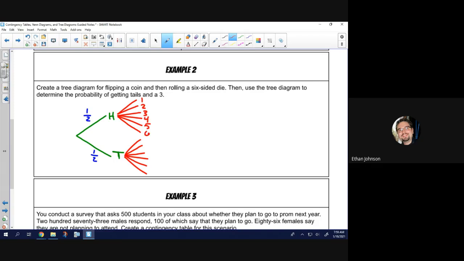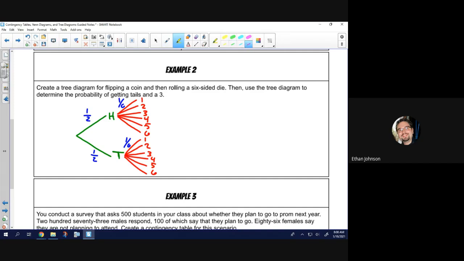Those are the options if I flipped and got heads first. 1, 2, 3, 4, 5, 6 options if I rolled a die after getting a tails. I know for all of those probabilities, it's going to be 1 out of 6. And if we had more events, we'd make more branches.